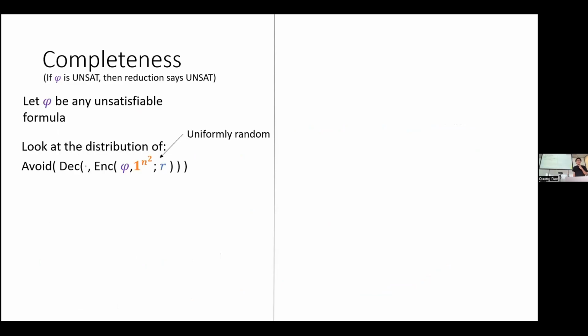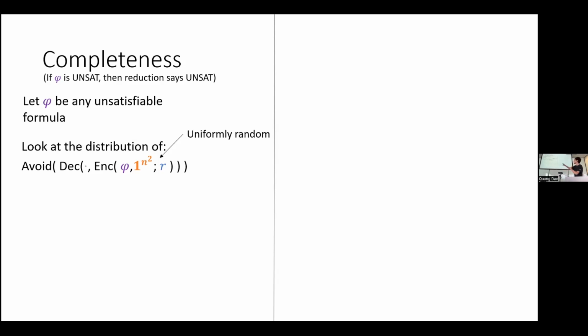So let's say phi is an unsatisfiable formula. And let's look at the distribution where you encrypt an arbitrary string, in particular the all-1 string, with a random R, where R is uniformly random. You can imagine this distribution. And this avoid algorithm will give you a string of length n squared, because it must output a string.